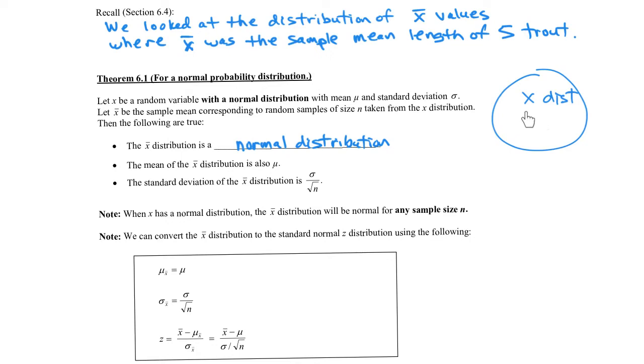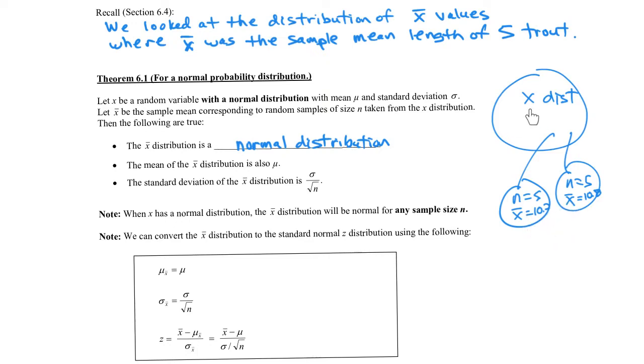Each number corresponds to the length of a trout. And then we kept taking samples of size 5, and we would get a sample mean of like 10.2. If we kept taking these samples of size 5 and kept getting these different means, then the collection of all of these sample means was our x bar distribution, right?